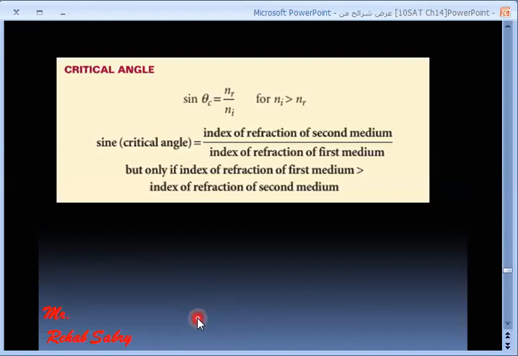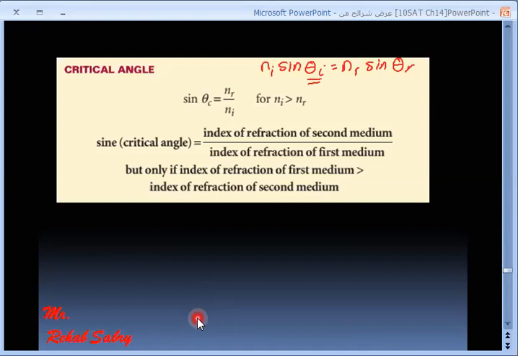Well, now we will learn how to calculate the critical angle. From Snell's law, we know that Ni sine theta I equals Nr sine theta R. At the critical angle, theta I will be theta C, which is the critical angle.